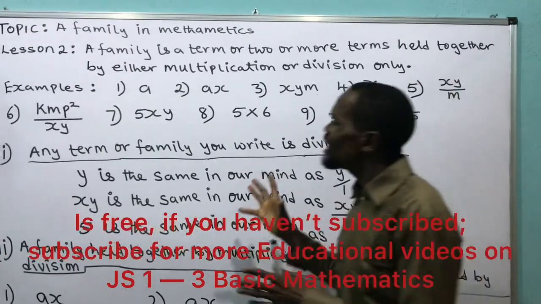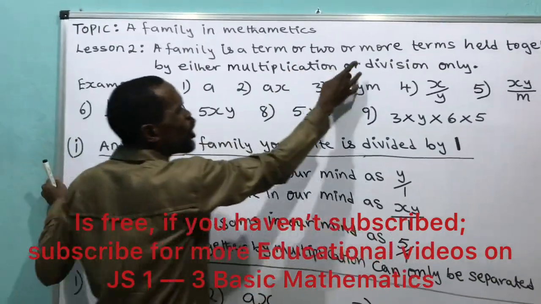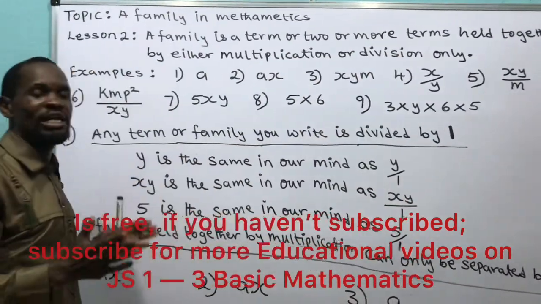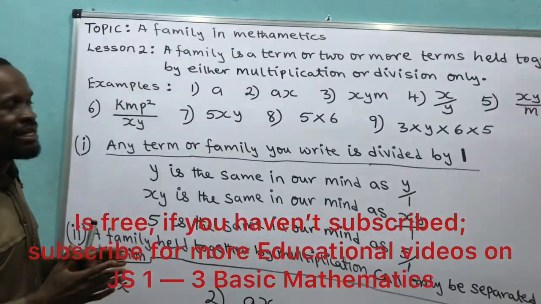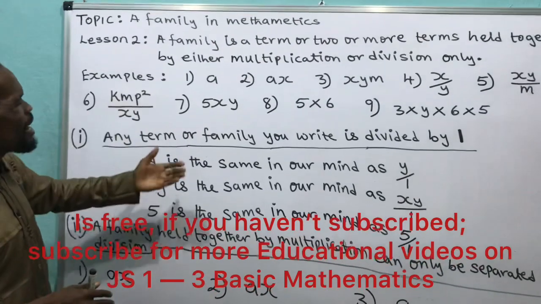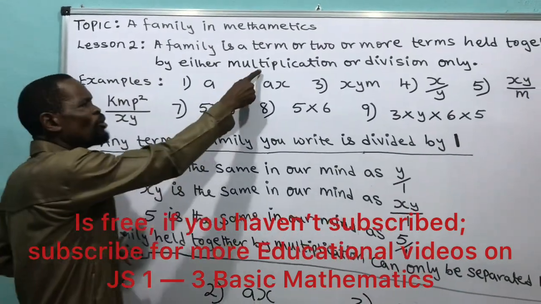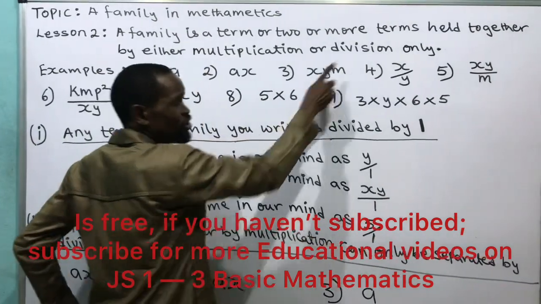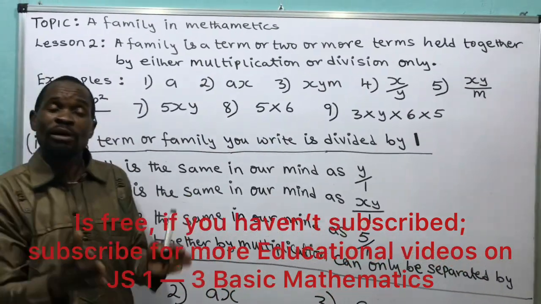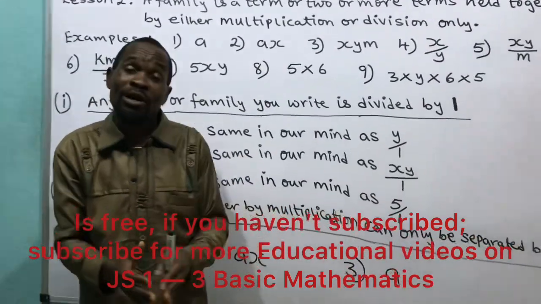So what holds a family together is either multiplication or what? Division. Only. In your family, what holds you and your brother, your sister, your father and your mother together is either multiplication or division.